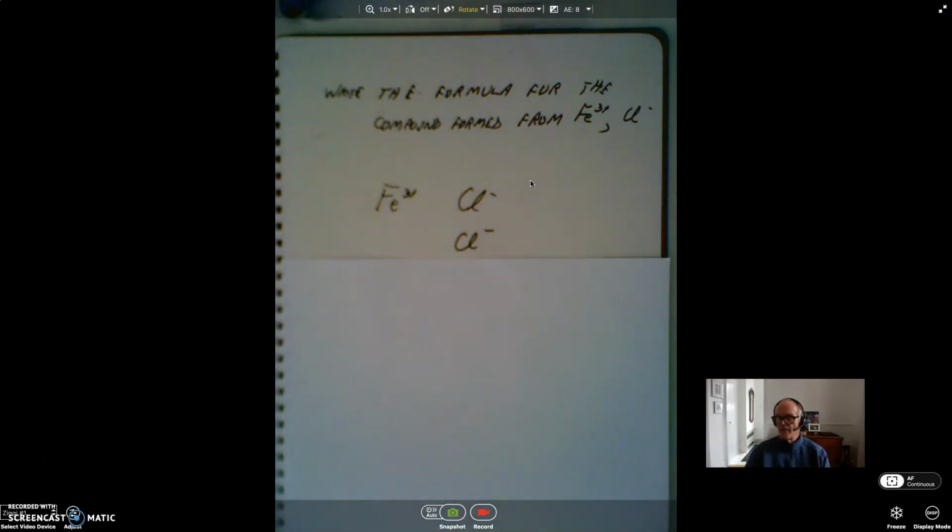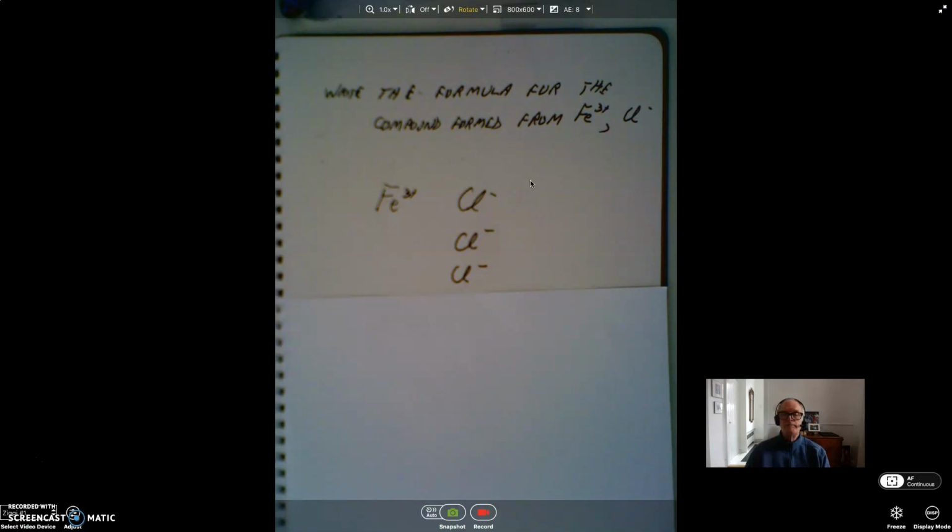Still not the same number of pluses and minuses. So let's add one more of the Cl- ions so that now we have 3 minuses and 3 pluses, the same number of pluses and minuses.